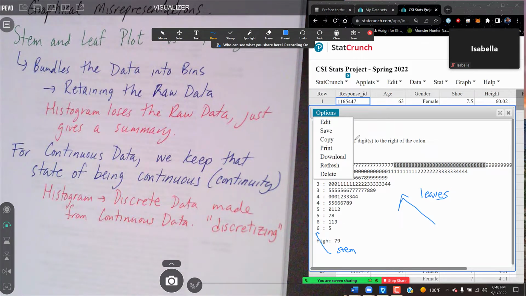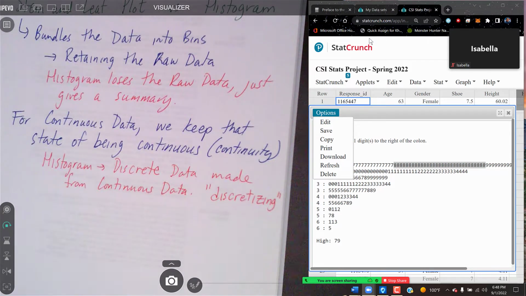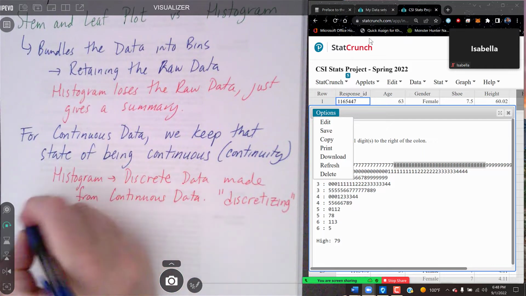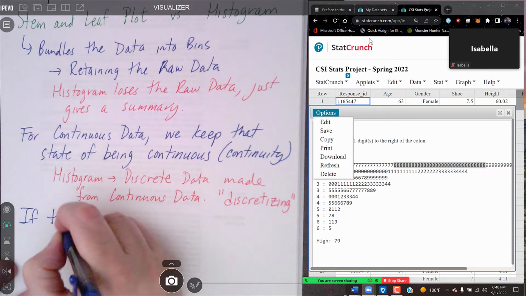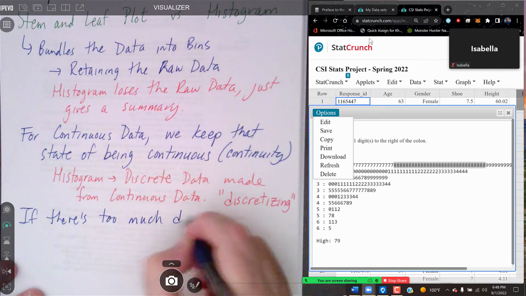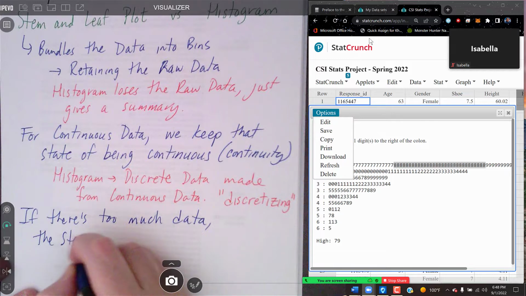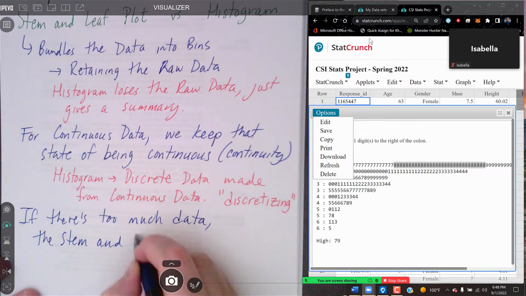It's like a little tree. So it can be pretty handy. The problem lies when there's just too much data. If there's too much data, the stem and leaf plot is basically unmanageable. It's too big.